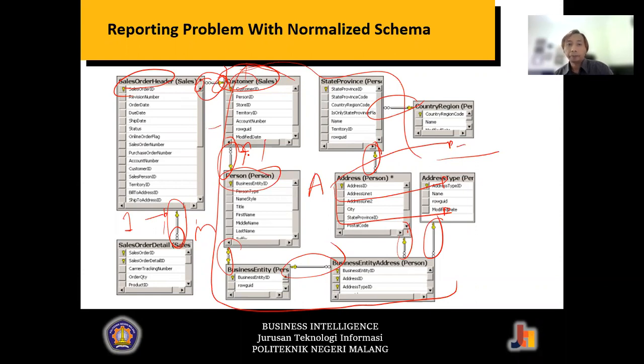Or maybe a person's customer status was upgraded from condition 1 to condition 2 also. So this is one of the reasons why the normalized database is necessary.